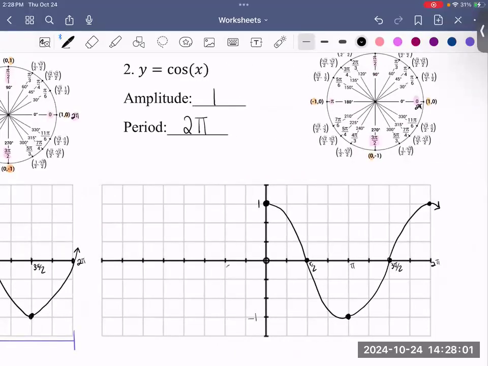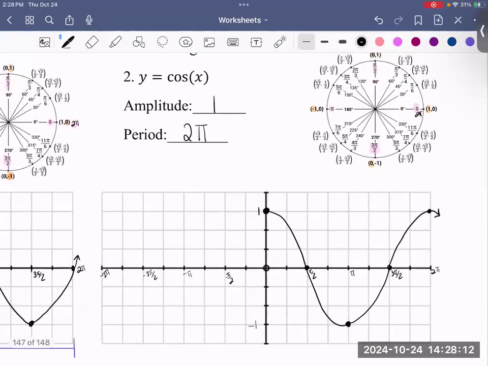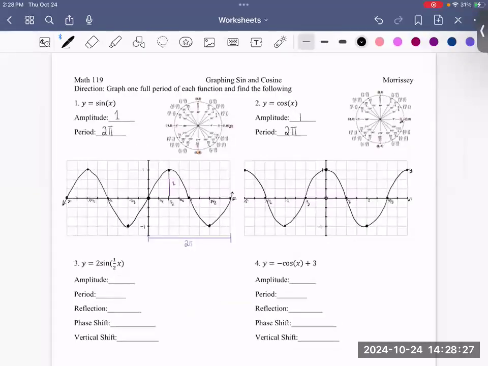Again, if we wanted to go in the opposite direction, we certainly can. So we're going to come down low here. There we go. So yeah, that is your sine and your cosine graph.